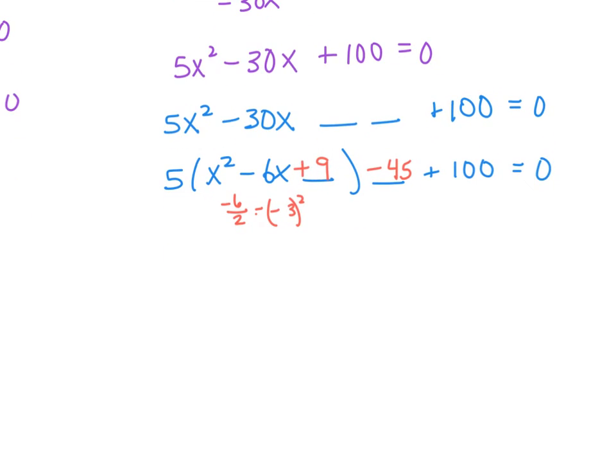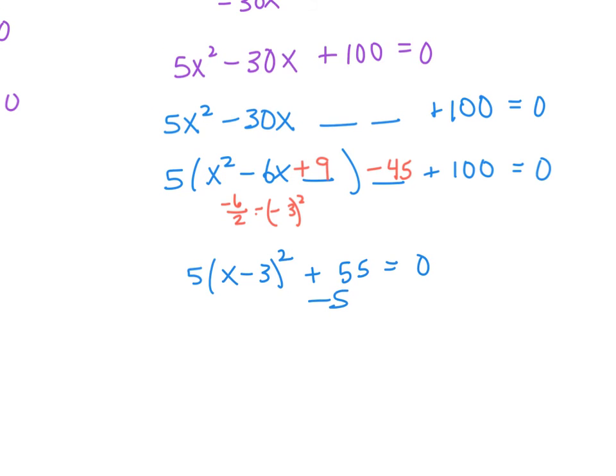All right, so we've got our 5 out front. This is factorable, factors of 9 that add up to negative 6. By the way, this little negative 3 that we came up with when we did b over 2 is always going to be that number. So that's a little shortcut if you keep that in mind. x minus 3 squared. And then negative 45 plus 100 is a positive 55 equals 0.